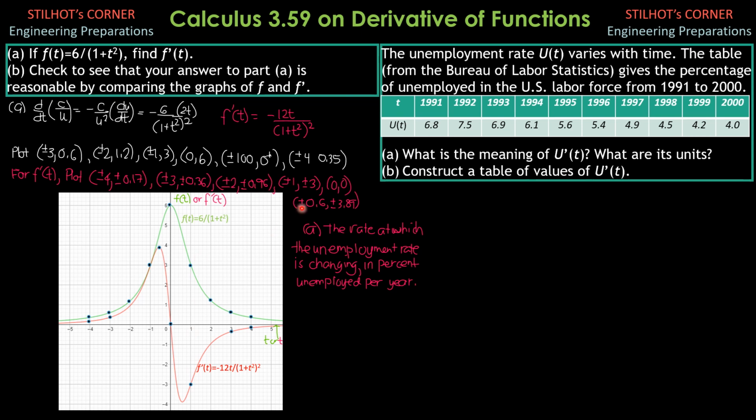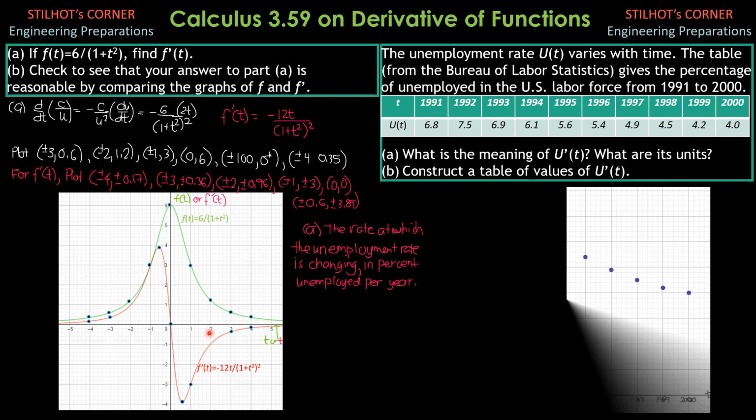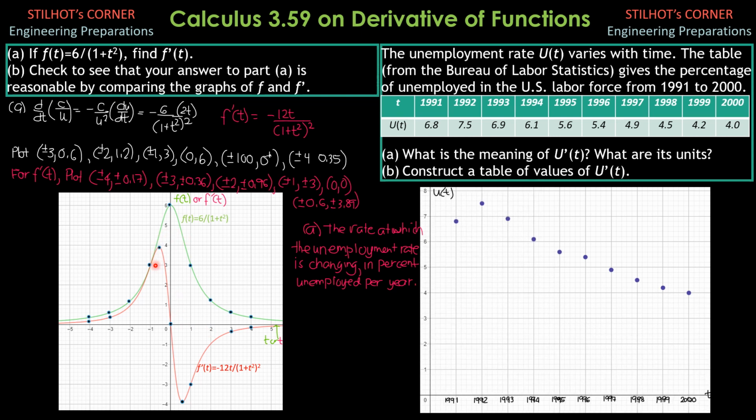Then positive 0.6, negative 3.89, which is this, and negative 0.6, positive 3.89, which is that, then 0, 0. So that's why we have this graph of f prime of t.